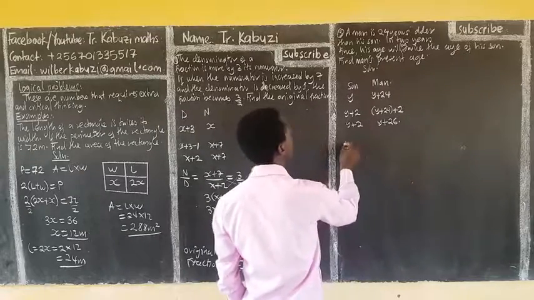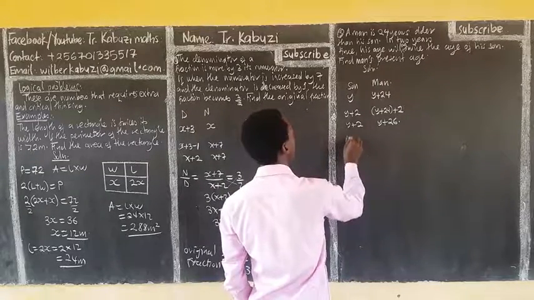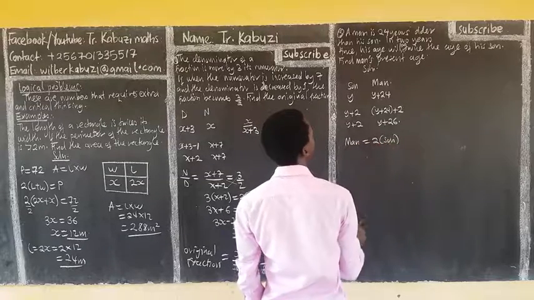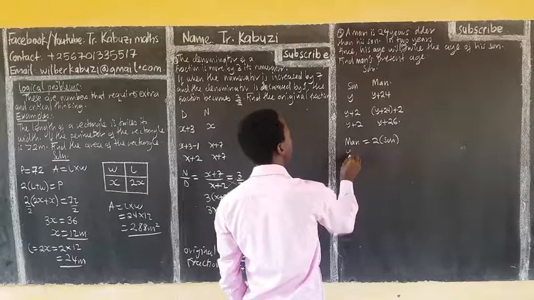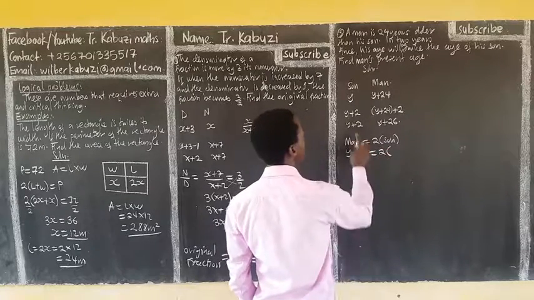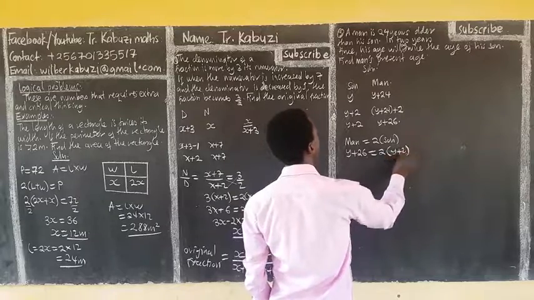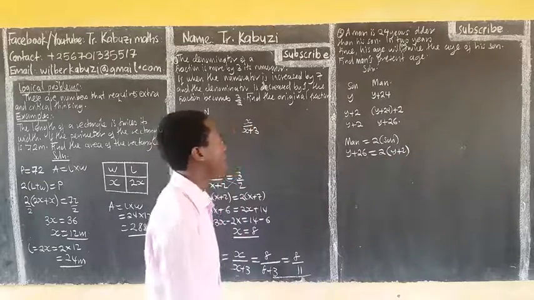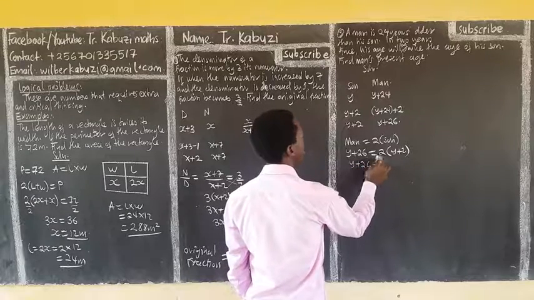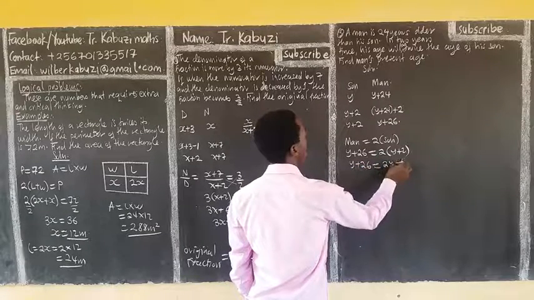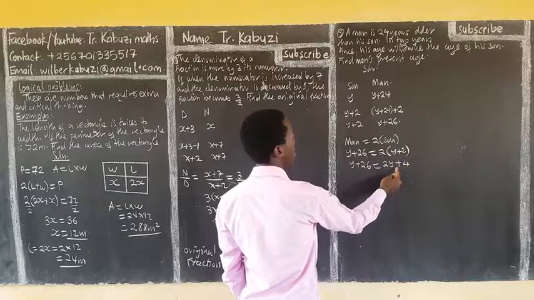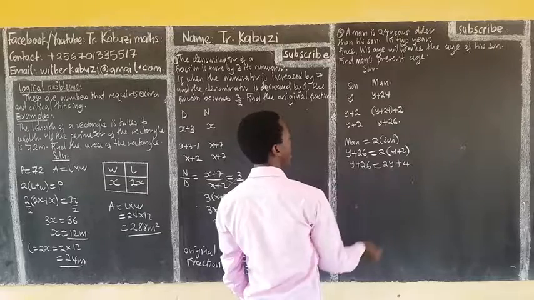It means that this man's age will be twice that of the son in 2 years. So the man is y plus 26, and he will be twice the age of his son. Then you simplify that and you solve. So this will be y plus 26 equaling 2 times y plus 2, so you get 2y, plus 2 times 2, you get 4. Collect like terms, put the 4 this side, take y that side.